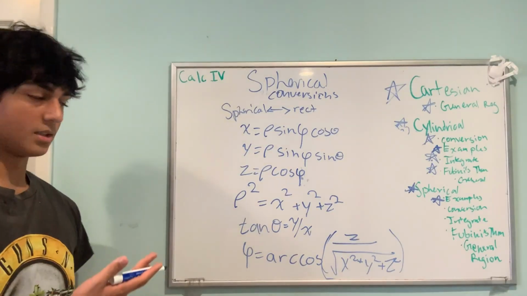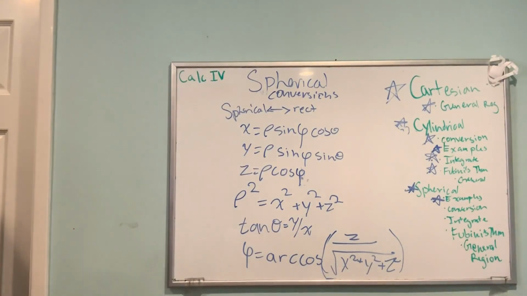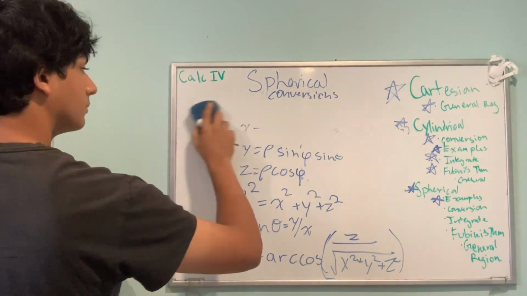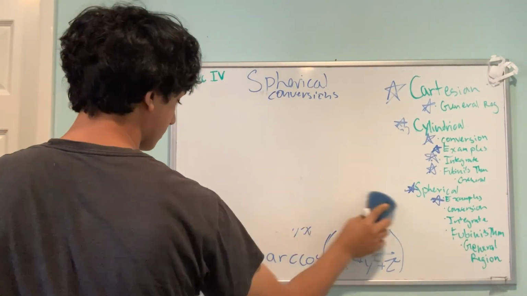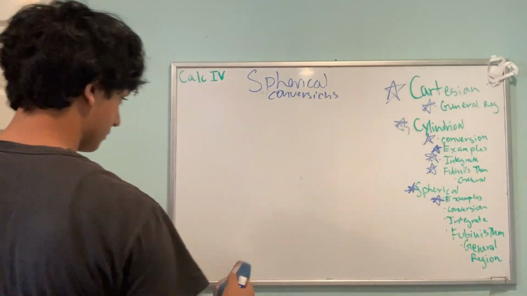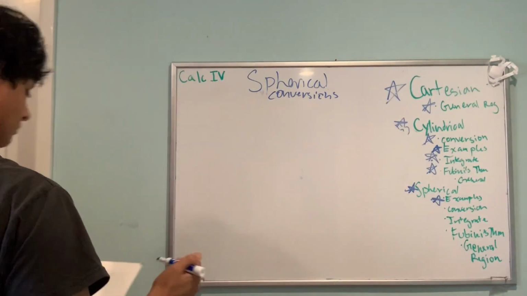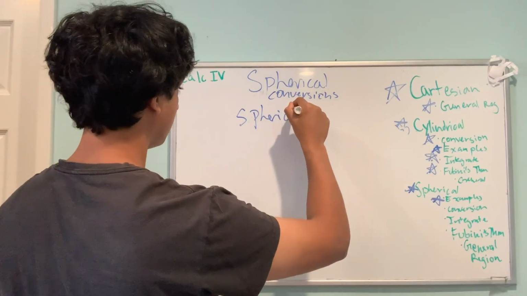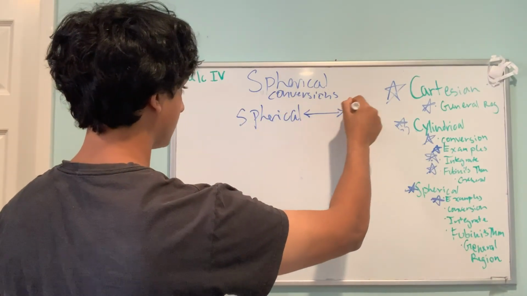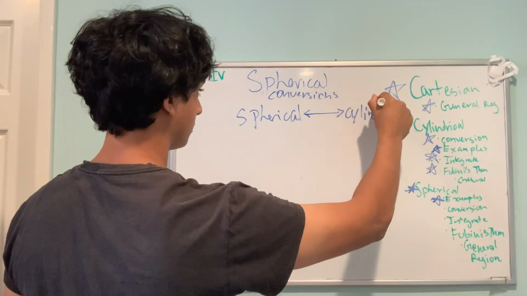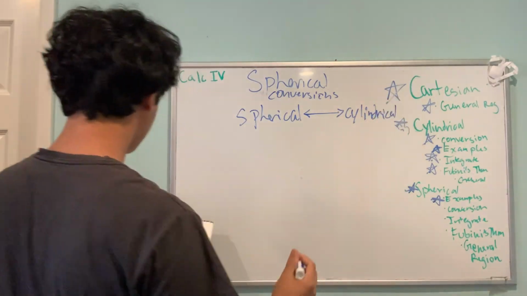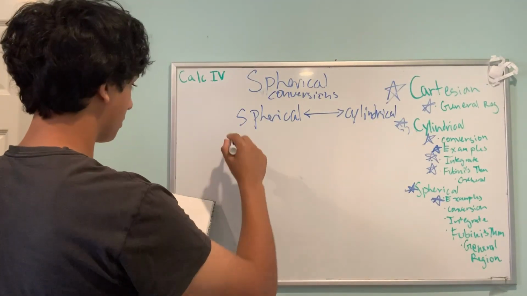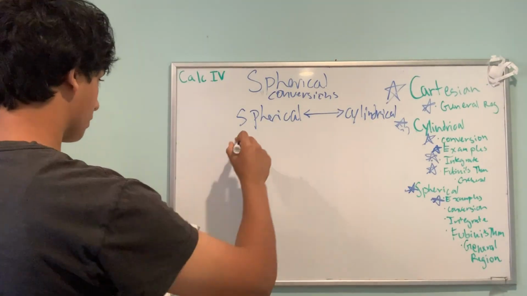This is very important to know. Now, what about spherical to cylindrical? Let's start with spherical to cylindrical, and then we'll move to cylindrical to spherical.